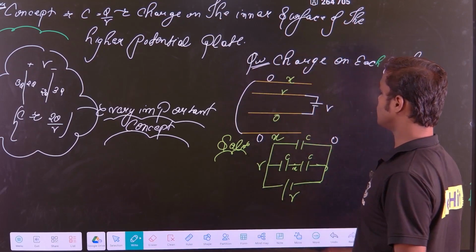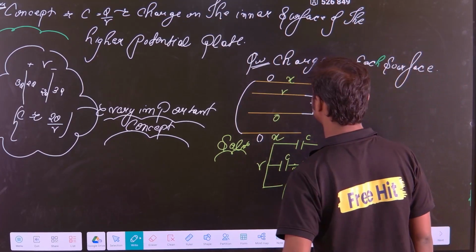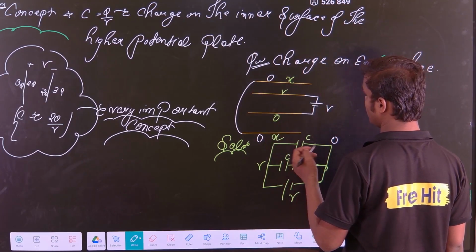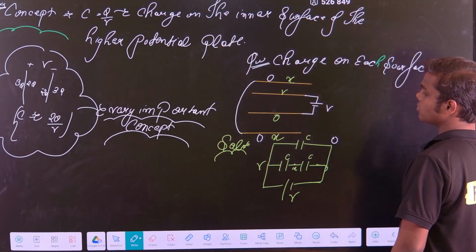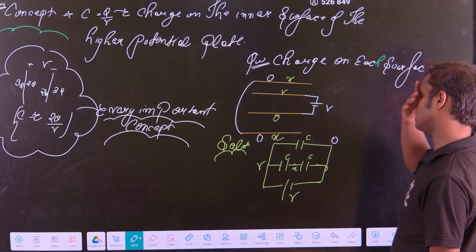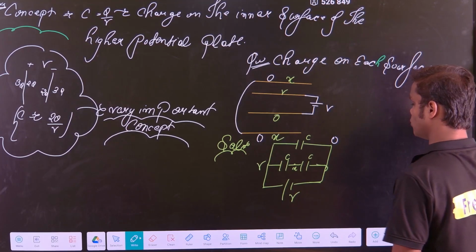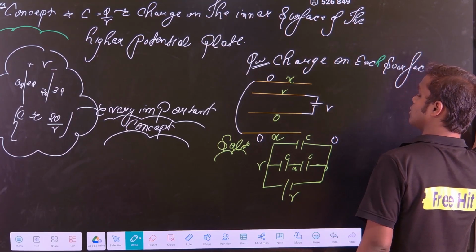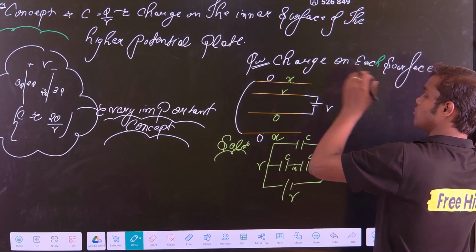So between X and 0, we are very sure which terminal is going to be at higher potential. This charge will be 0, this charge will be 0. Okay, just leave this.